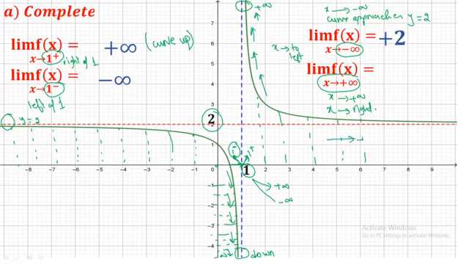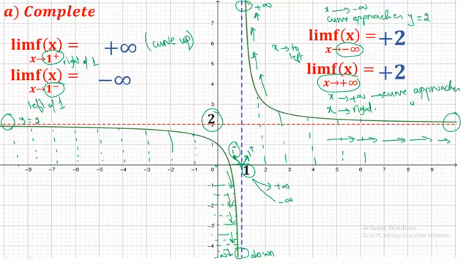And in return the curve approaches the line of equation y equals 2. So the answer is 2. When x tends to plus infinity, the curve also approaches the line of equation y equals 2.